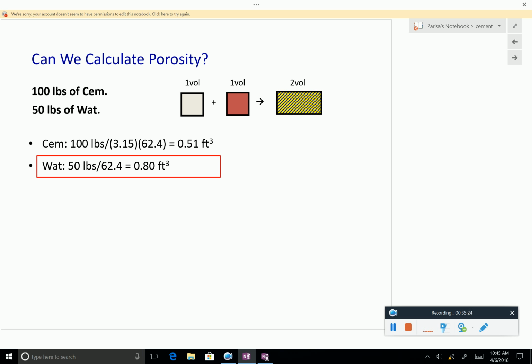Now, we know that 1 volume of cement will react with 1 volume of water. So if I have 0.51 cubic feet of cement and 0.8 cubic feet of water, how much of the water would react with cement?